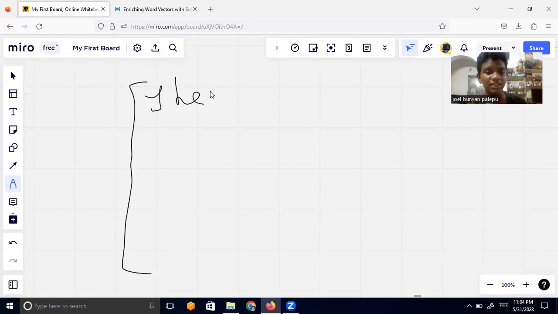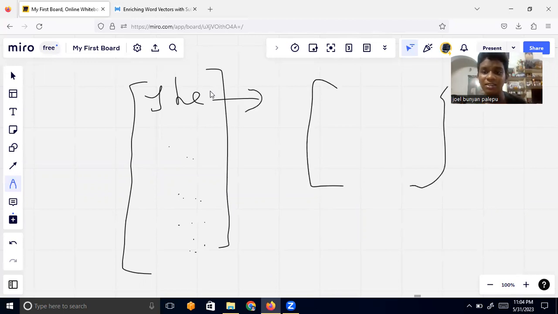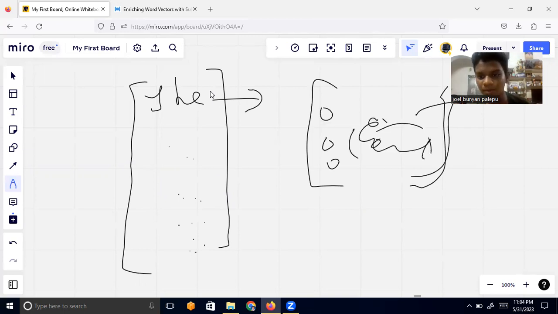So we'll have this training data set with a lot of words, and this is a corpus. For each word, we're going to have some metrics associated with it. First we are going to have random numbers for each word, and then we are going to optimize these numbers in the training process. That is a very good idea.